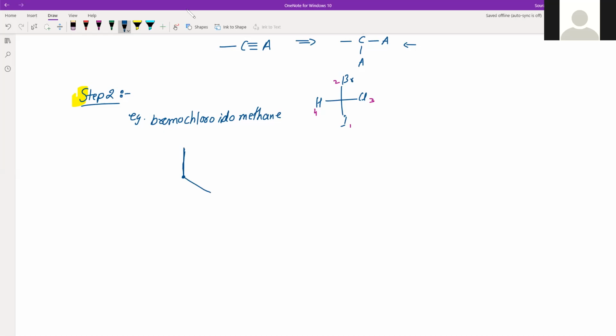Then one bond is towards us, coming from the plane of the screen towards you. And one will go away from you, moving at the back of your screen, which we show by dashed lines.